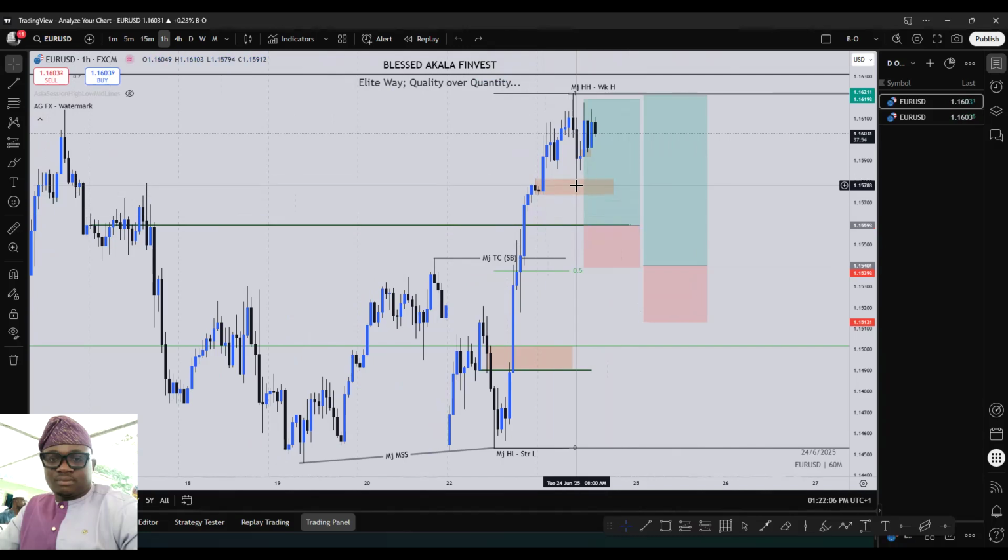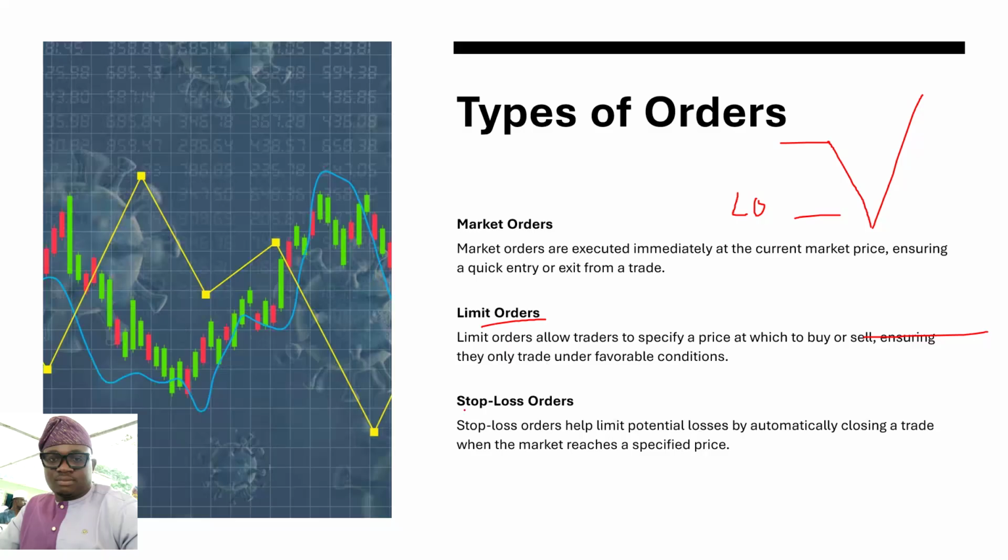This is my expectation, and this is a limit order in the market. The price is not yet there, and that's what we are talking about when we talk about limit orders. A limit order allows a trader to specify a price at which to buy, ensuring they only trade under favorable conditions.